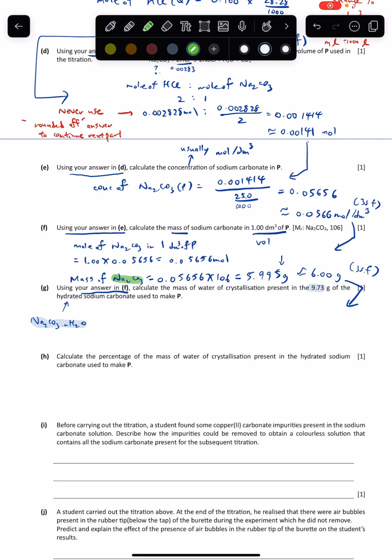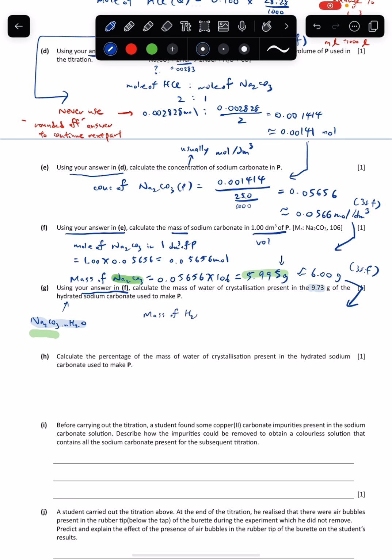Na2CO3 is 5.995 gram. So can you find out how much the water weighs? Minus, isn't it?